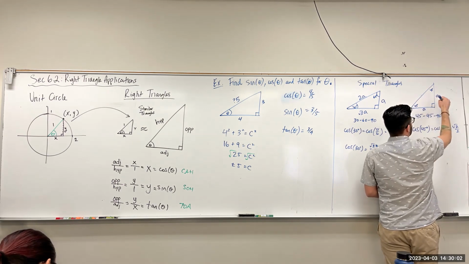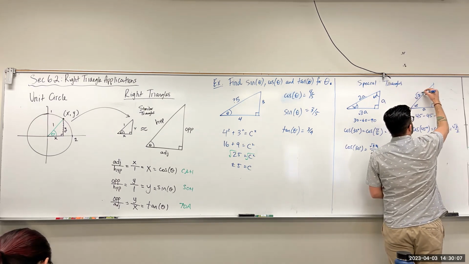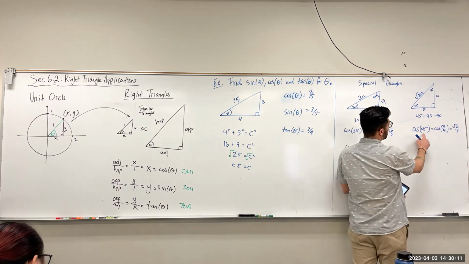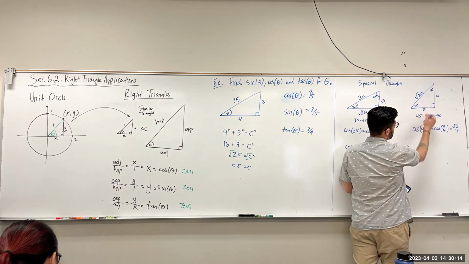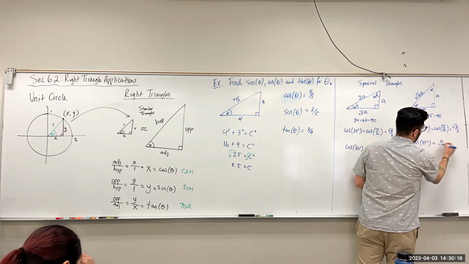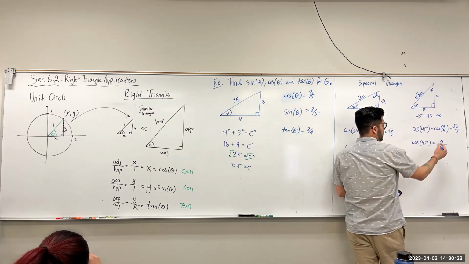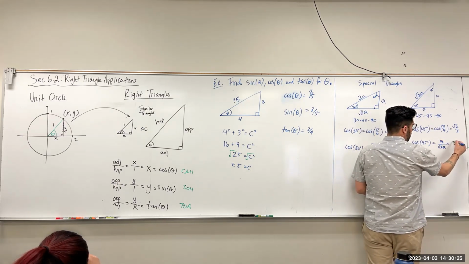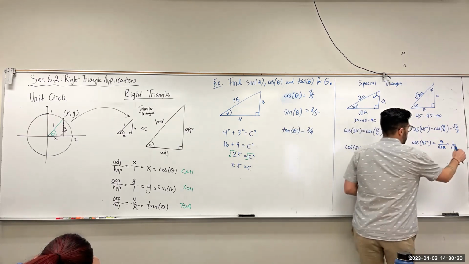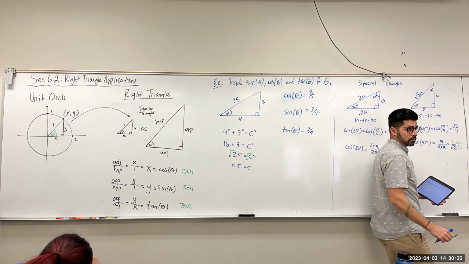This is a and this is a because it's the same angle, same side, and this is going to be √2a. Okay, that makes sense. And let's check. Cosine of 45 is adjacent over the hypotenuse. So the a's cancel. Rationalize the denominator. And then you get your famous √2/2.